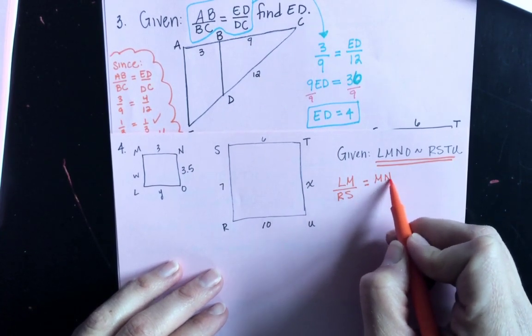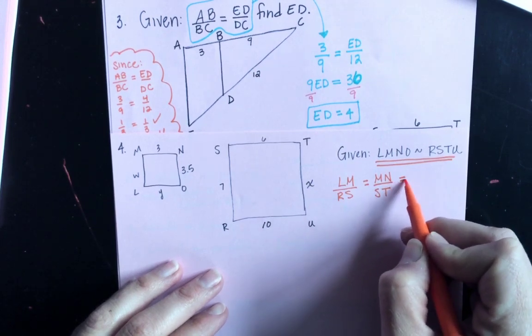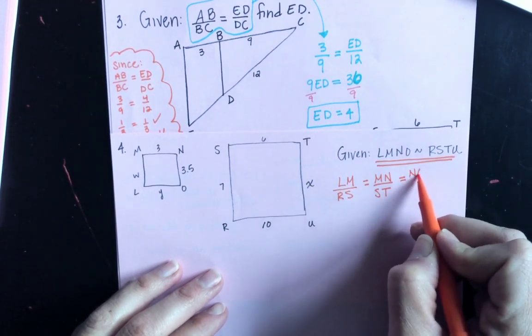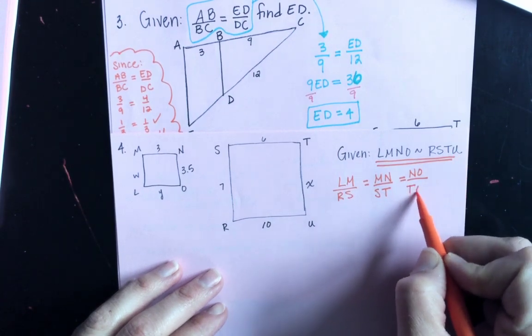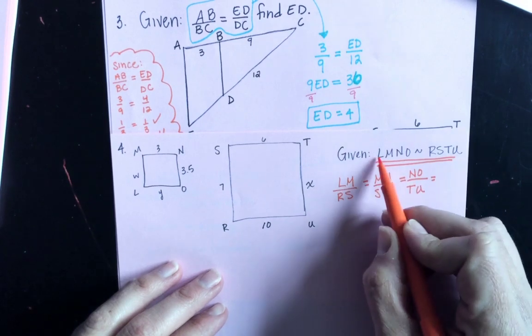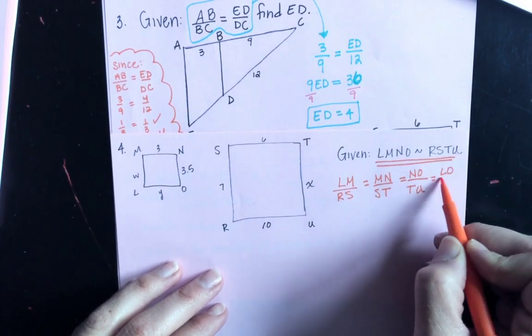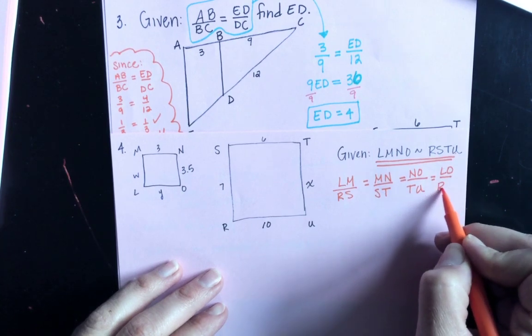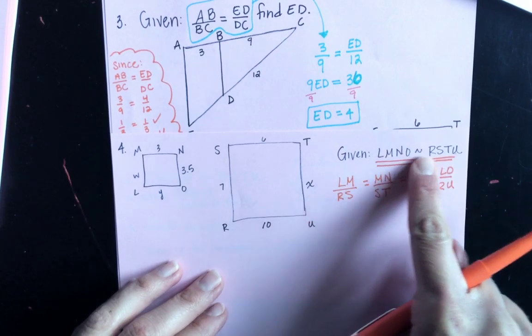MN corresponds with ST. NO corresponds with TU. And first and last. I didn't look at these two pictures when I wrote this out. I looked strictly at this.